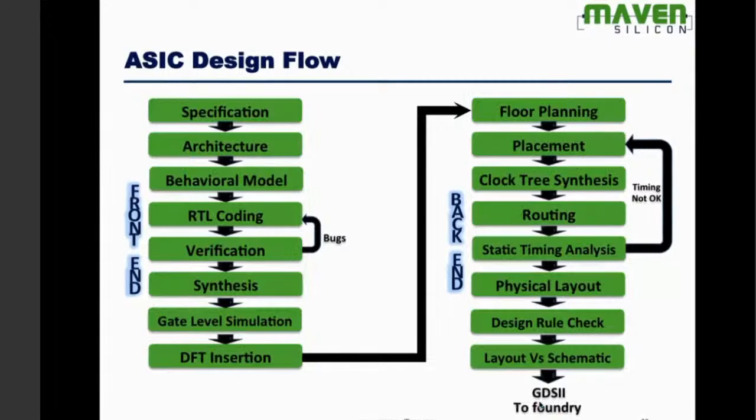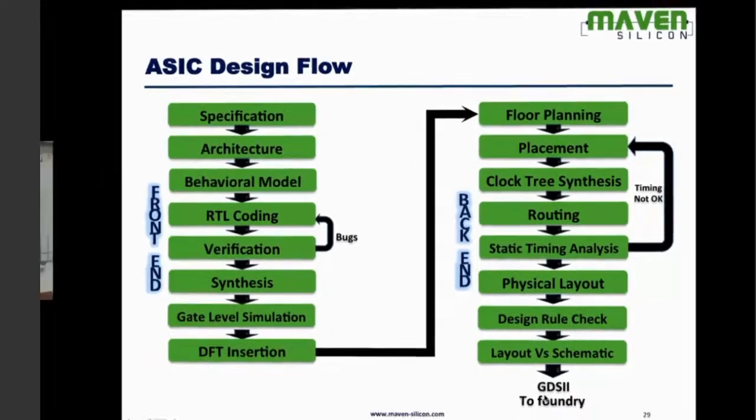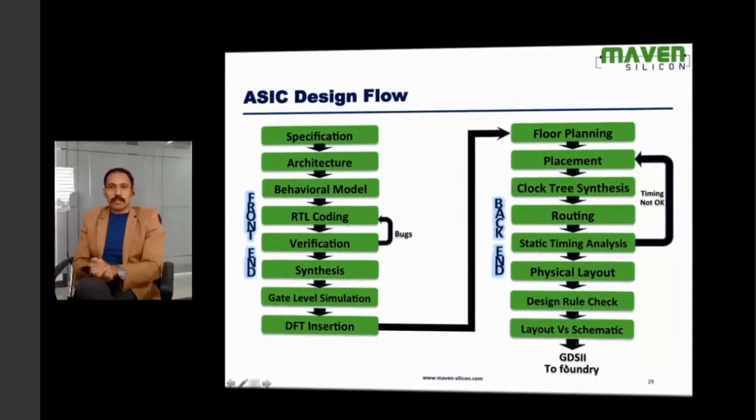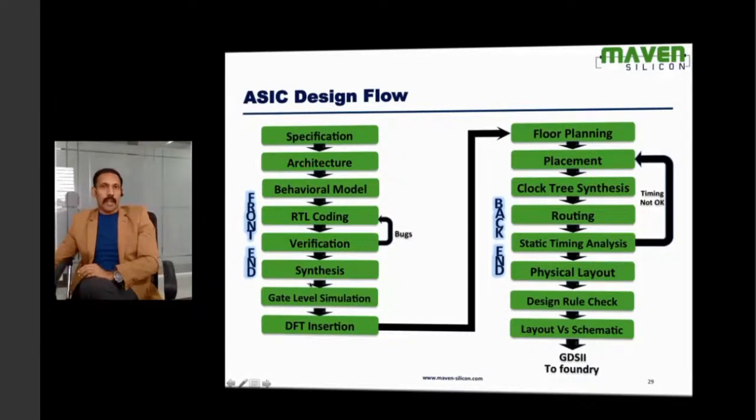We discussed the complete design flow. It started off with specification and it ends with GDS2. Specification to synthesis falls under front end, and the remaining steps fall under back end. We started off with spec, and based on the functionality, we created the architecture.